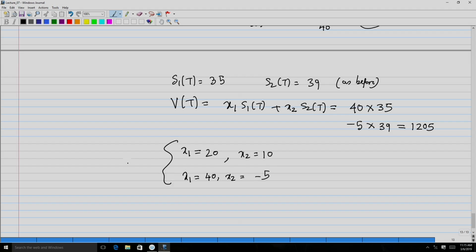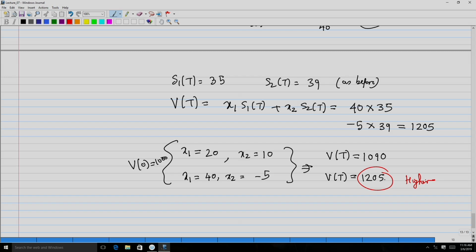In both the cases you had V0 equal to 1000, but in the first case you end up getting your V of t to be equal to 1090, and in the second case you end up getting your V of t equal to 1205, and you see this is higher.